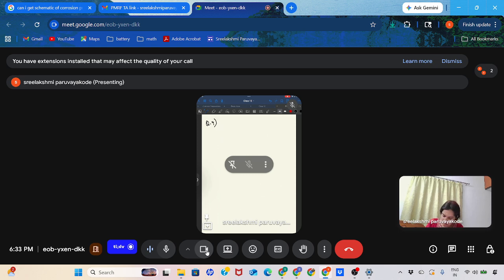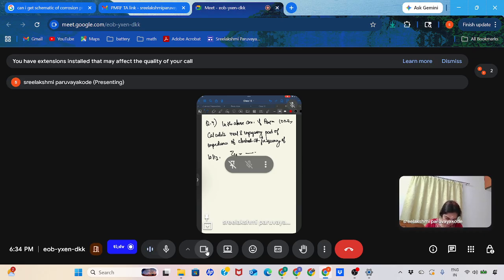Now the next question is, in the above case, if the solution resistance is equal to 100 ohm, calculate the real and imaginary parts of impedance of the electrode at a frequency of 10 hertz.